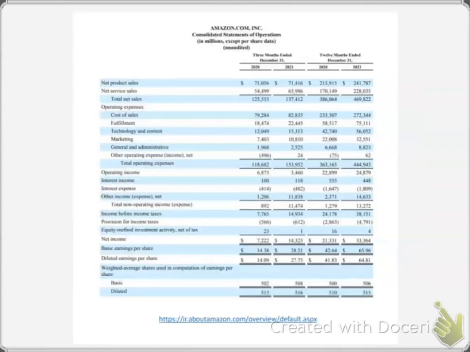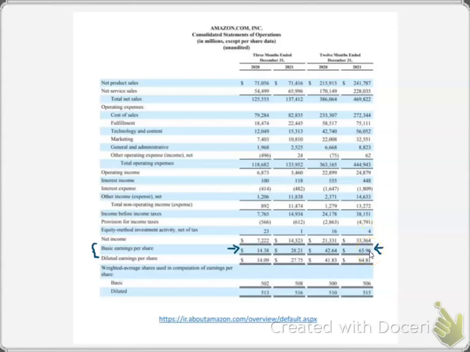Here's Amazon's financial statements. Amazon lists their basic earnings per share at the bottom, and they also reported their earnings per share for 2021. Notice how the format's a little different. So in their financial statements, 2020 is listed first, and then the year ended December 31st, 2021.